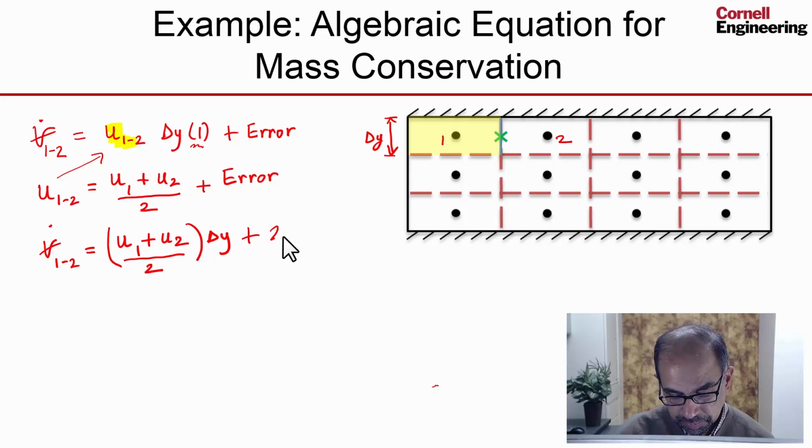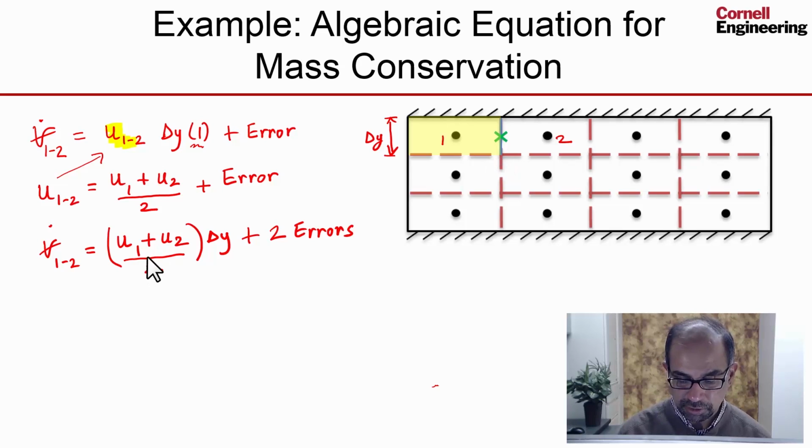And there are 2 errors involved in that approximation, as we just talked about. In the process, I'm doing the integral. If I did the integral form of the mass conservation, that's a contribution to that integral from that face. So I can do this based on the integral form of mass conservation or from physical arguments. The physical arguments are a little bit easier to understand, so I'm just doing it based on the physical arguments, with the understanding that the 2 are equivalent.